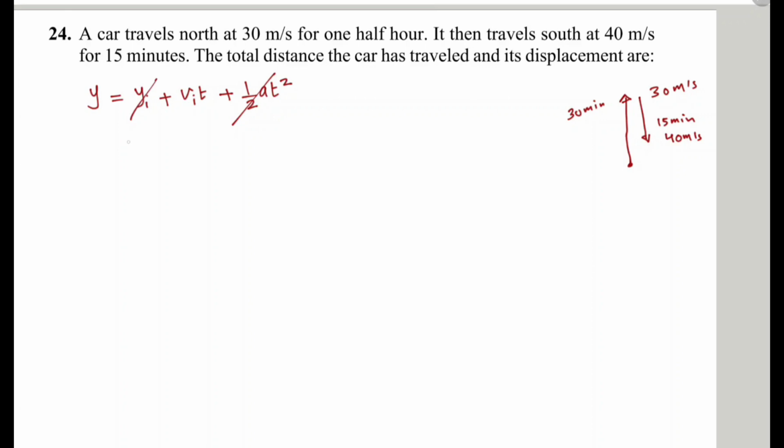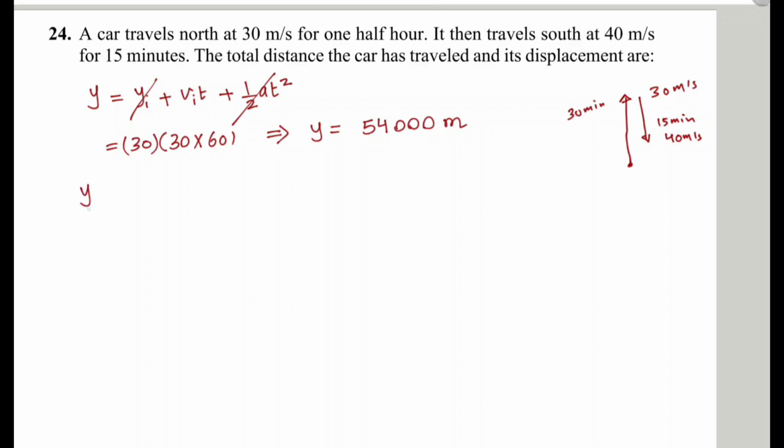So for this one here, v initial equals 30 times 30 minutes times 60 seconds, and in total y equals 54,000 meters.